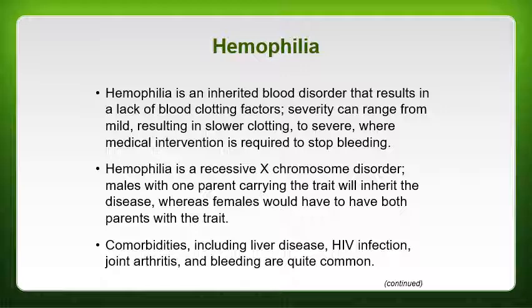From a musculoskeletal standpoint, some individuals experience spontaneous joint bleeding, and that joint bleeding will eventually progress to early synovitis, or inflammation of the synovial capsule, and then to possible joint damage. So that's something you certainly need to be concerned about in individuals with hemophilia.